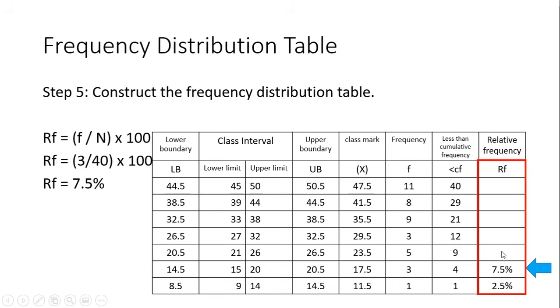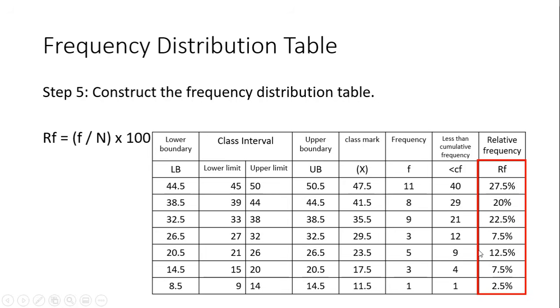For this one, we have frequency 5 divided by 40, based from our given, times 100, so that's 12.5. And then we have 3 divided by 40 times 100, that's 7.5. The same with this one.